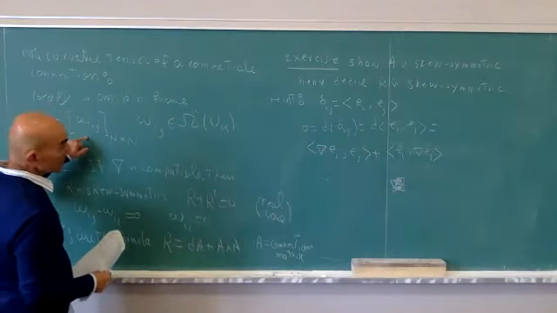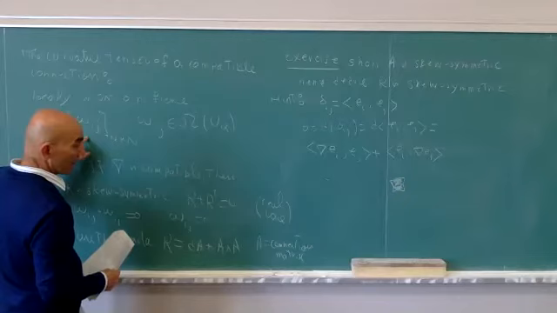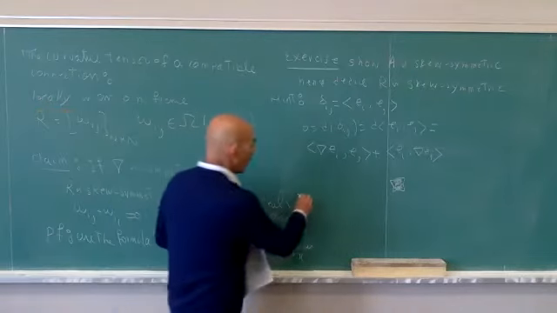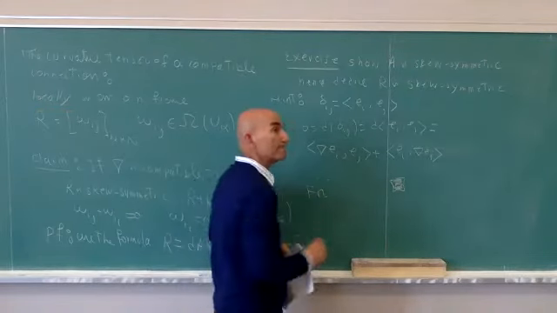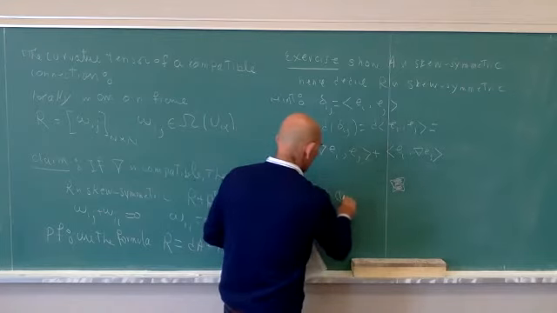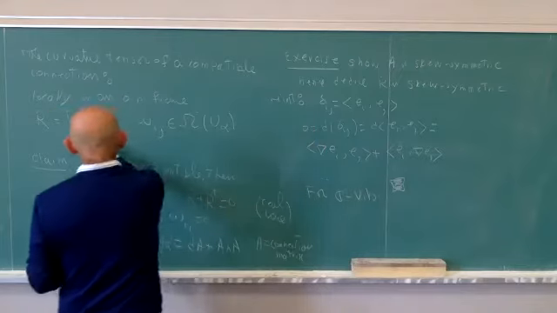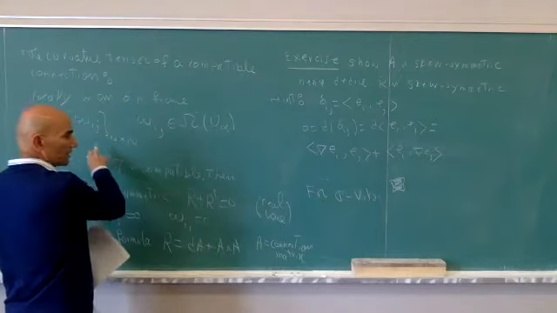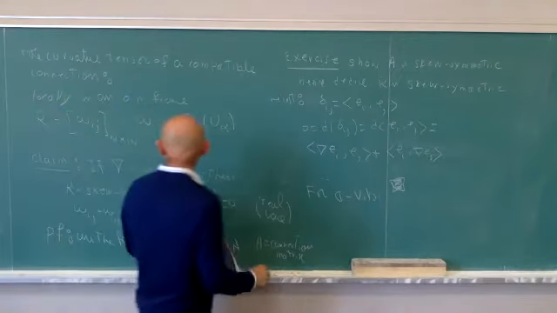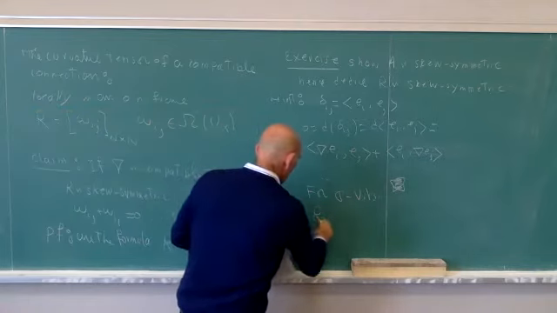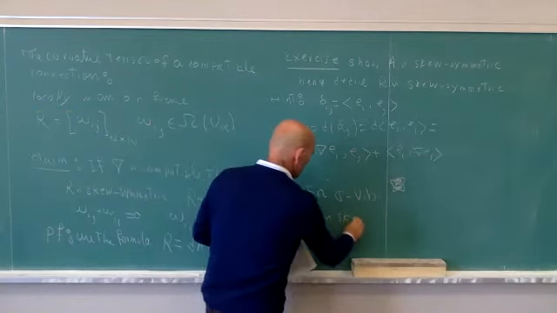This is in the case of real vector bundles. For complex vector bundles, this matrix R is skew Hermitian.